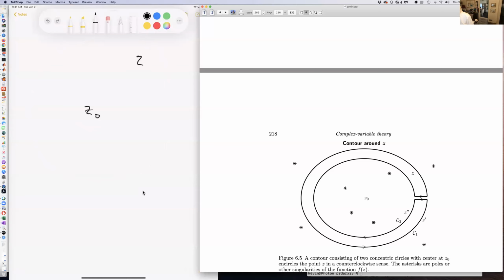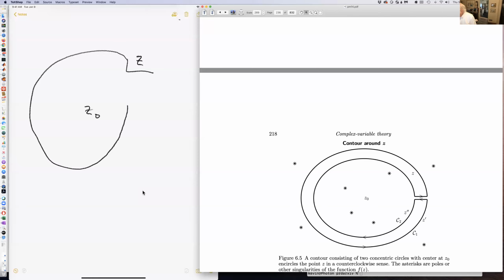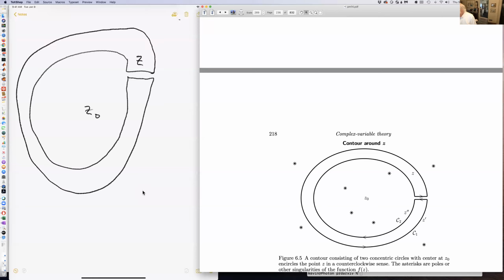Okay, so that's Z. Done. Now, the point is that we've got two circles here. So it looks like this. All right, that's better.